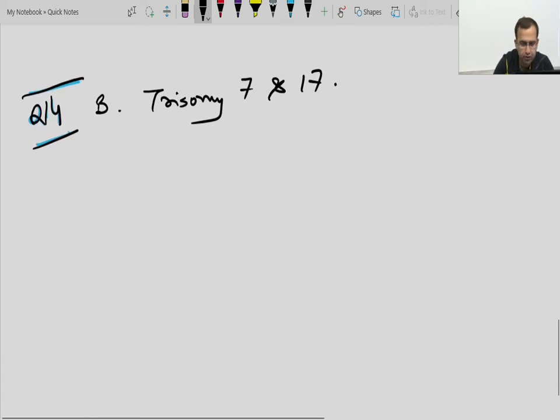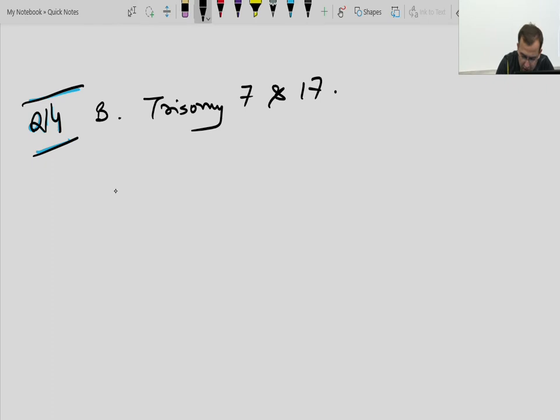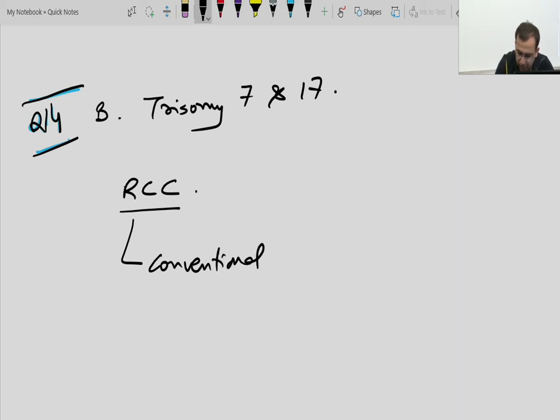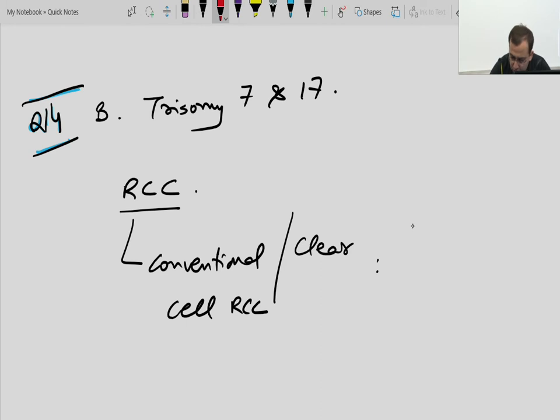So before we go further, let us have a look at microscopic appearances of RCC, renal cell carcinoma. If nothing is written, we mean the conventional or the clear cell RCC, which is associated with VHL mutations.